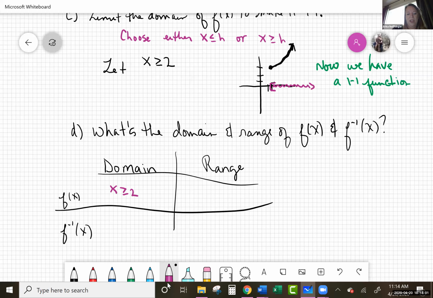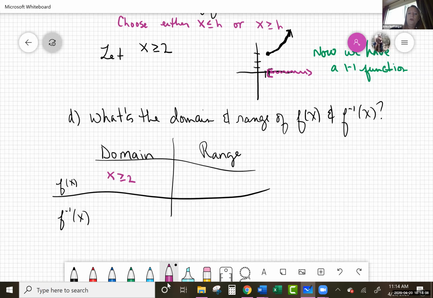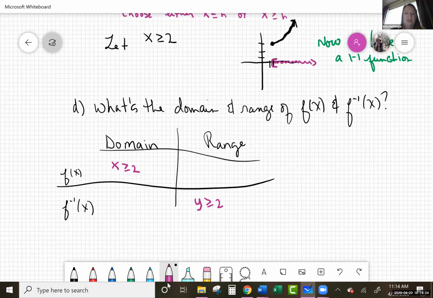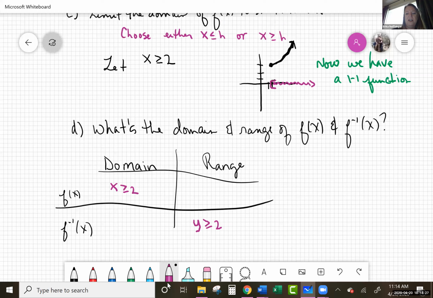So remember our domain and range, because to get our inverse function, we were swapping x and y. And so our range for our inverse function should be the same as our domain. The only thing that's different is when we're talking about range, we use y values. So y has to be greater than or equal to 2. And so our range of our original function, f of x, so notice this is our y values.